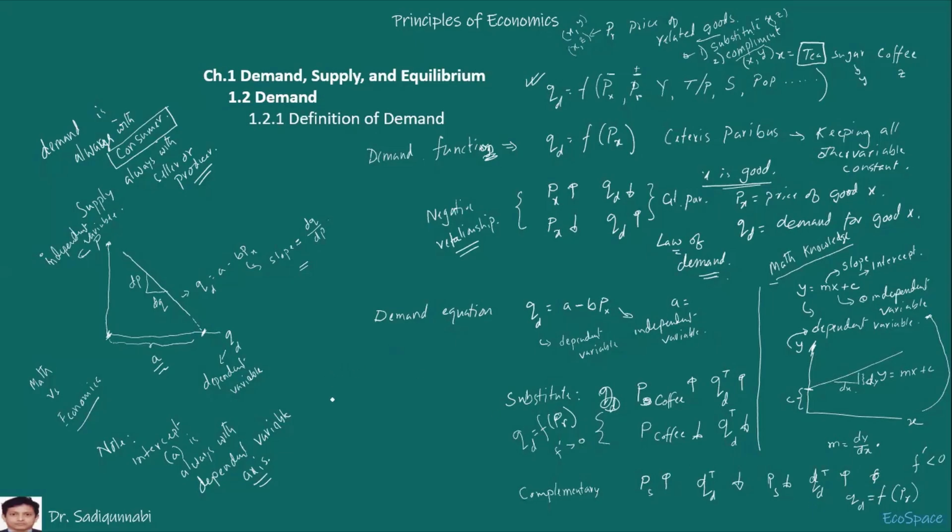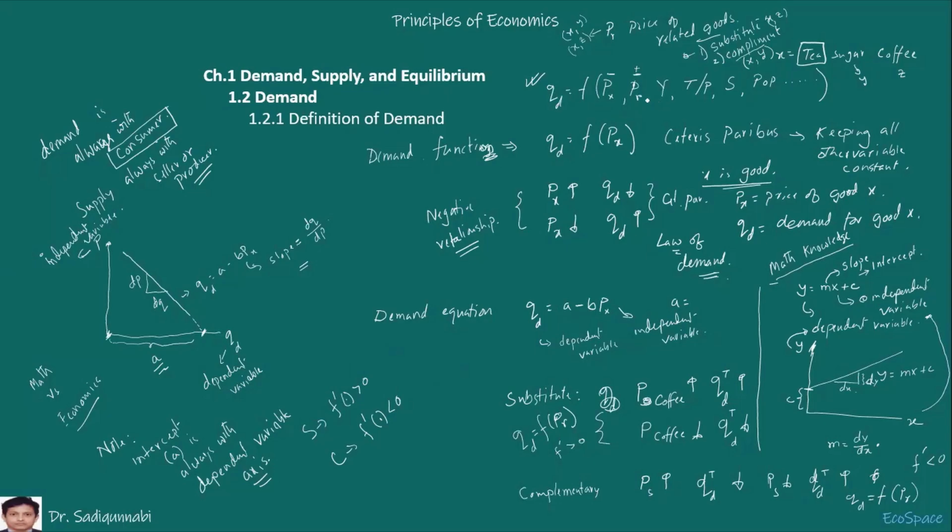So for substitutes the derivative is positive, and for complementary goods it is negative. That's why above PR there is a plus-minus sign, but for PX only a minus sign.